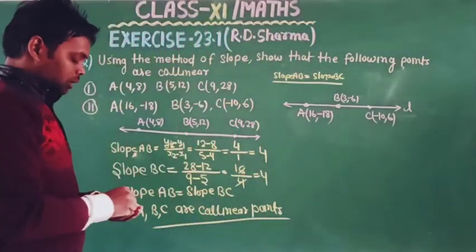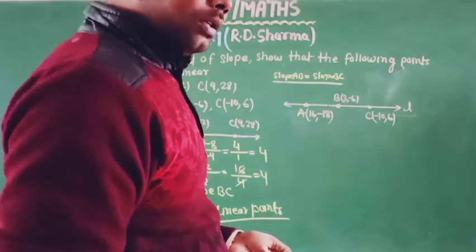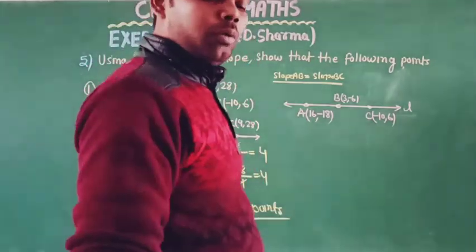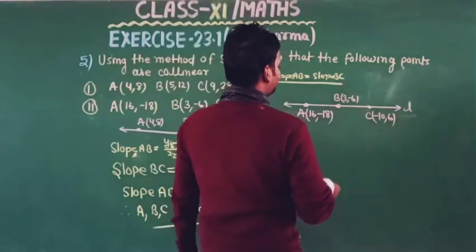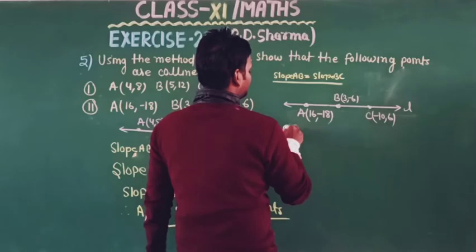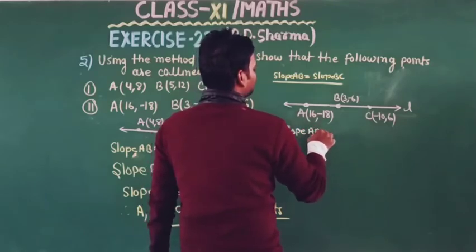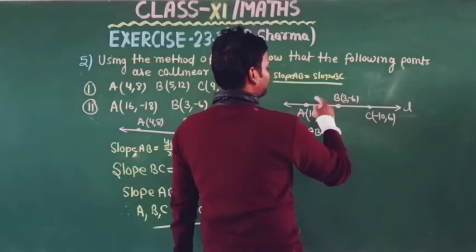To show this, we need the slope of AB to be equal to the slope of BC. So first we have to find the slope of AB. Slope of AB equal to y2 minus y1 upon x2 minus x1.